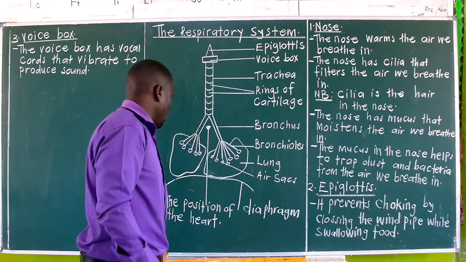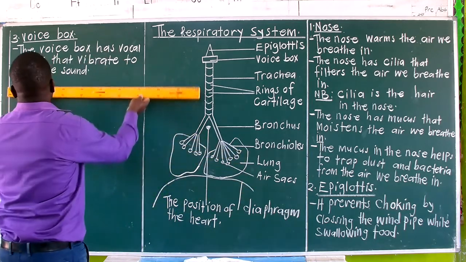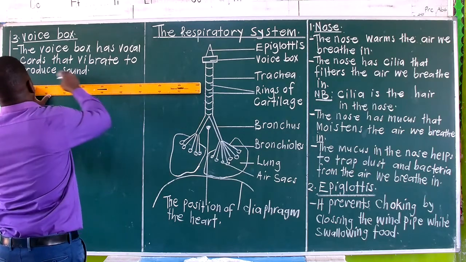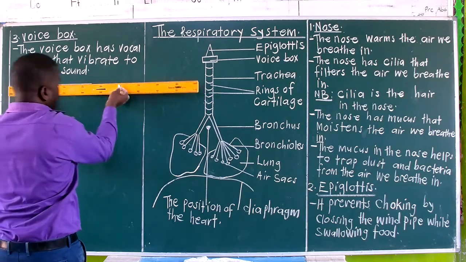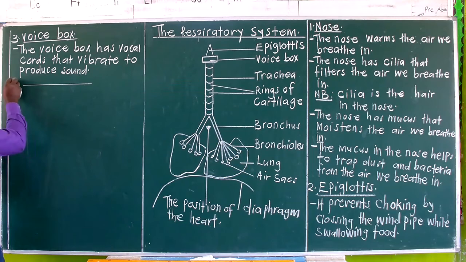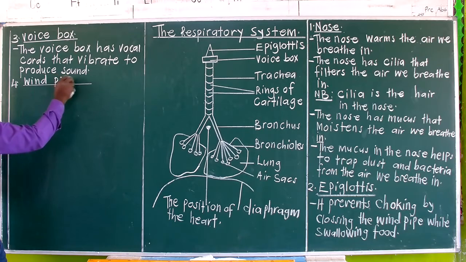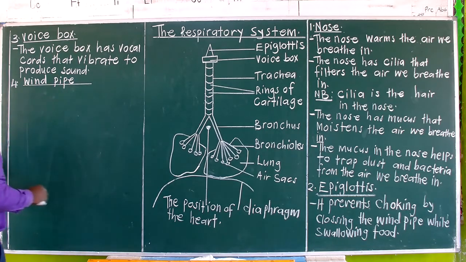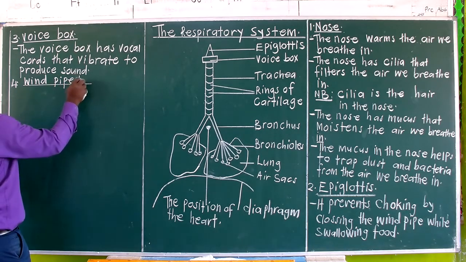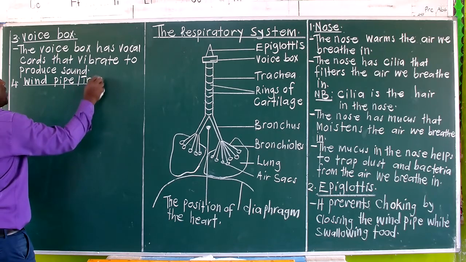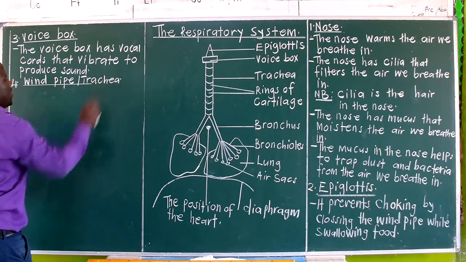Then we have what we call the windpipe. The windpipe, that's number 4. This windpipe is also known as the trachea.